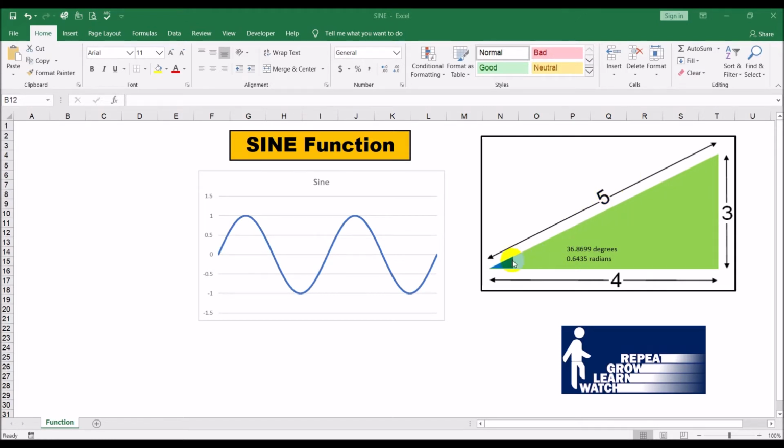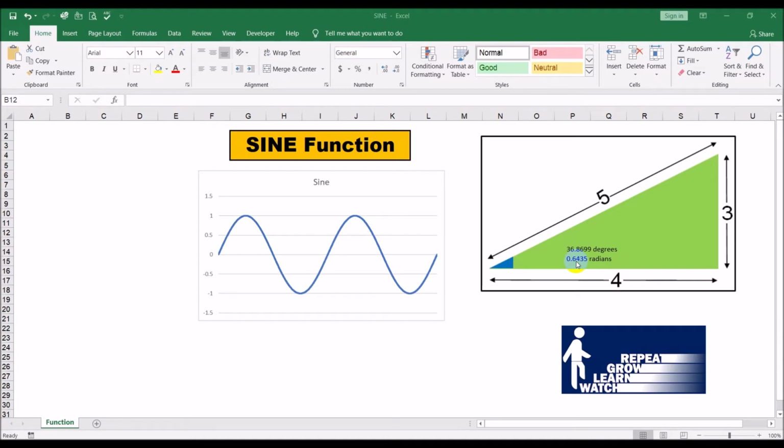Now this is the angle that we'll be looking at. It's 36.87 degrees or 0.64 radians. Always remember that the angles in Excel are in radians, never in degrees. If you want to convert between degrees and radians, there are two functions that we will also do a video on later: DEGREES and RADIANS.